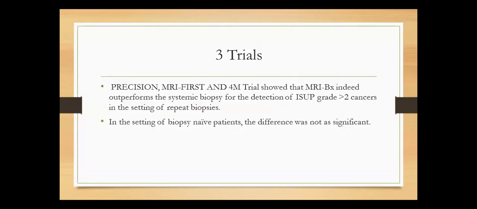So all in all, these three trials, the PRECISION trial, MRI-FIRST trial, and 4M trial, showed that MRI biopsy is somewhat superior to the systemic biopsy in detection of ISUP grade 2 lesions. But in the setting of biopsy-naive patients, the difference was not as significant.